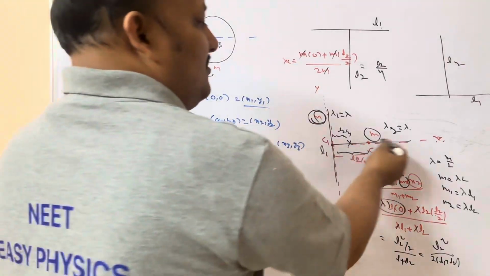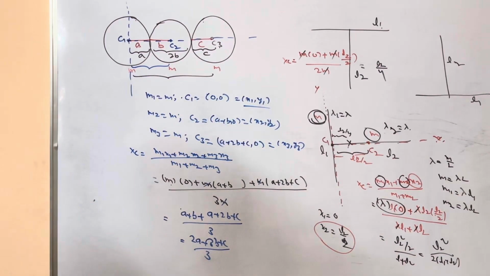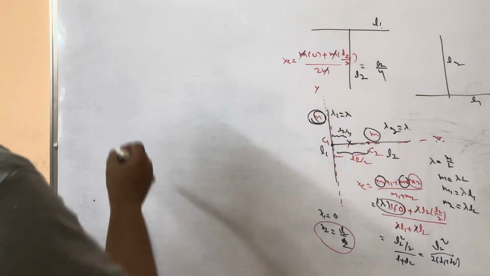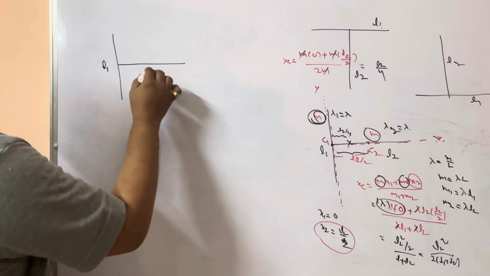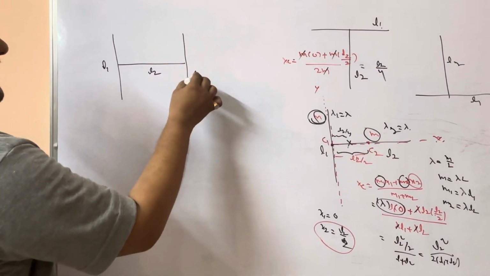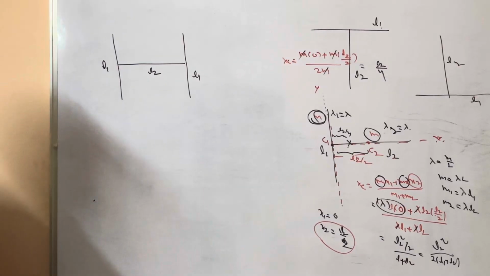So this is about two objects we discussed. If they give a third object, how to do? L1, L2, L1. Otherwise they may take all the same length also.